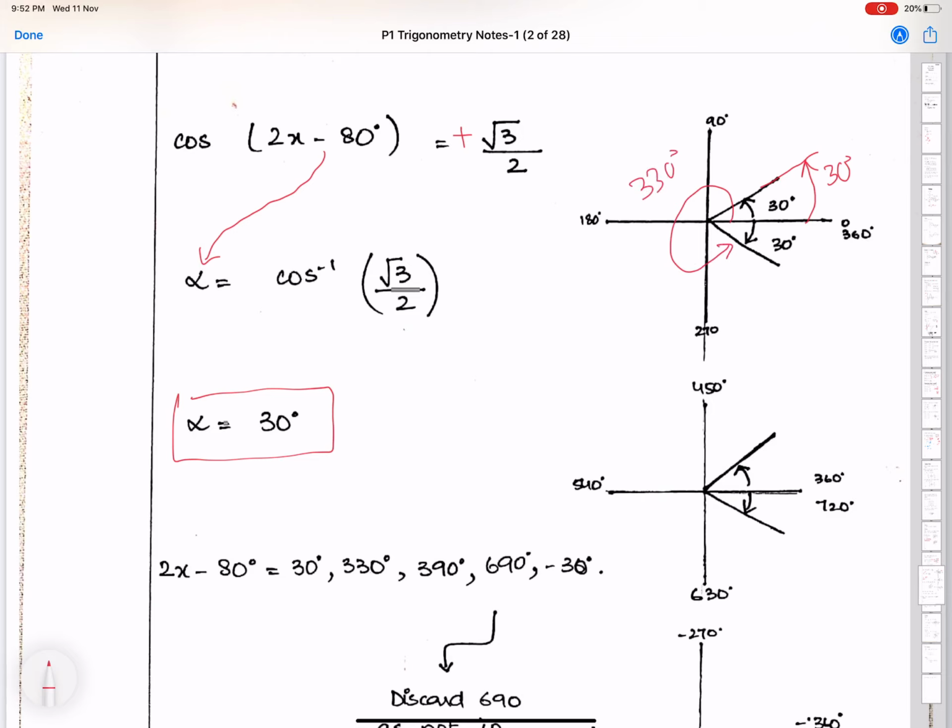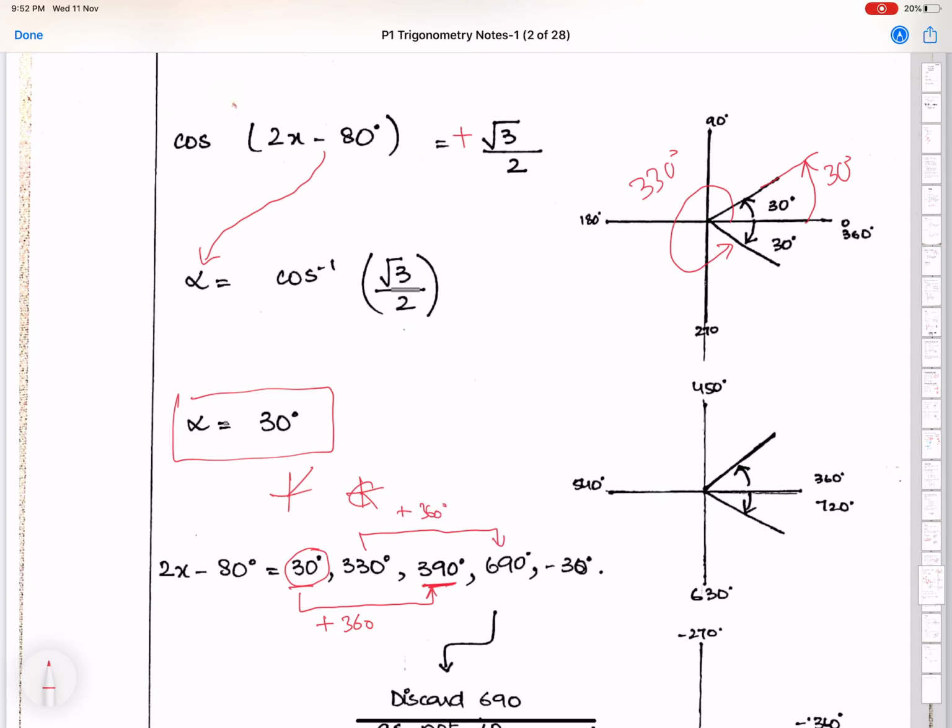And to get this 390 answer, since we have to work twice in anti-clockwise direction, we add 360 to this answer. Whenever you work twice, just add 360 to the previous answer to get the next answer. Add 360 to this answer.